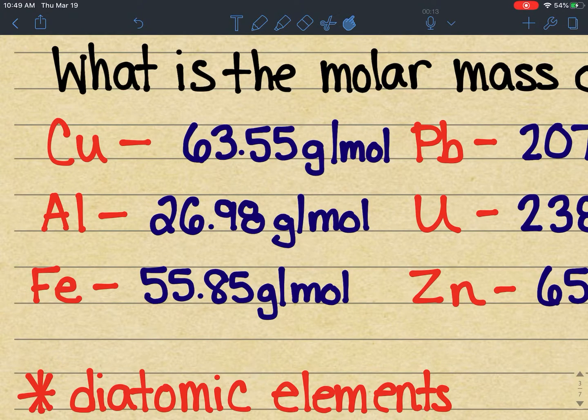The same thing is going to be true of aluminum. If I were to place a mole of aluminum atoms onto a balance, so again, 6.022 times 10 to the 23rd atoms of aluminum, I should get a mass of 26.98 grams on that electronic balance. Now, some of you might be thinking, if I have the exact same number of atoms of each kind of element, why are they reading different masses?